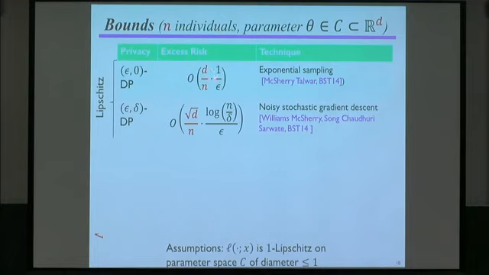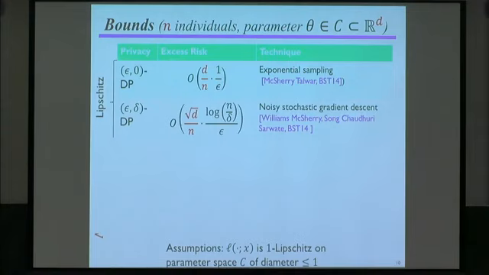You need the ratio of the dimension over n to go to 0 to get a good risk bound. And for epsilon-delta differential privacy, you get a stronger guarantee, which goes to 0 as long as the square root of the dimension over n goes to 0. Okay, so these are the types of bounds you can get for the types of algorithms I've been discussing.